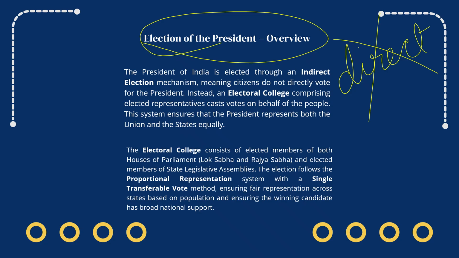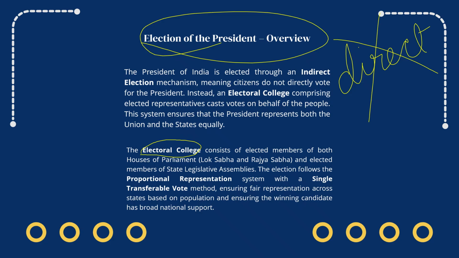Now, this group of representatives is known as the Electoral College, and this is one of the most important concepts. The Electoral College consists of elected members of Lok Sabha, elected members of Rajya Sabha, and elected members of the state legislative assemblies. Only elected members participate, not nominated members.